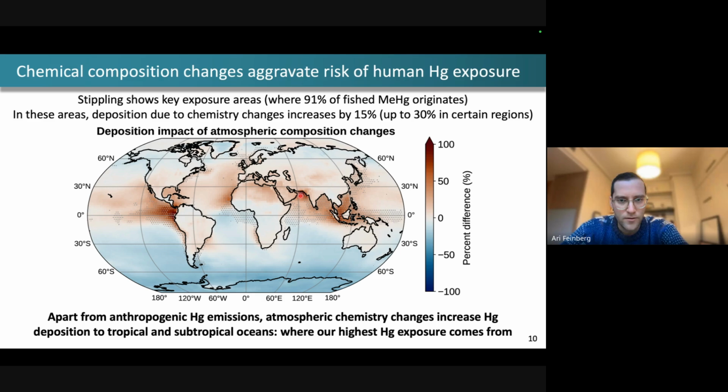So apart from what's been known, that anthropogenic mercury emissions are raising the risk for mercury exposure, at the same time, atmospheric chemistry changes. This is what's really new here: that atmospheric chemistry changes have enhanced the deposition of mercury into tropical and subtropical oceans, and this is another factor which is raising the risk of mercury exposure.